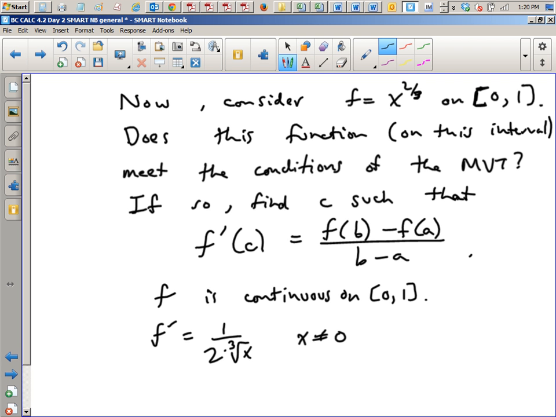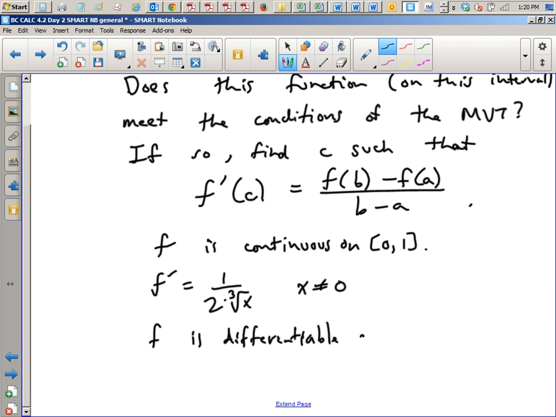Because of that cusp. But that's no longer an issue for us, because we can say that f is differentiable on the open interval 0, 1, can't we? Just because there's a cusp at the origin doesn't mean that it's not differentiable between a and b exclusive. It's not differentiable at the left endpoint, but who cares? The theorem states it just has to be differentiable on the interior.